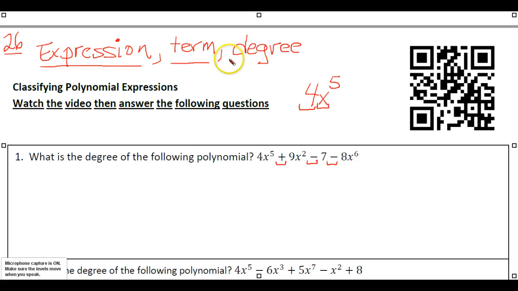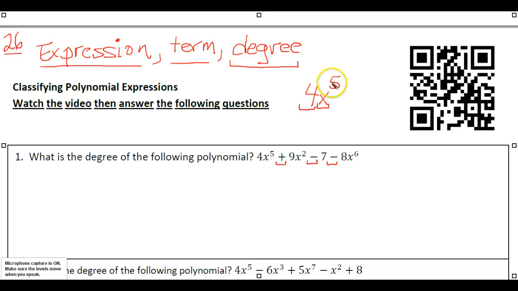Now, when we think of the degree of a term, we look at the variables only, and we add up all the exponents on the variables. Here there's only the 1. Sometimes we'll have 2 or 3 letters with exponents.